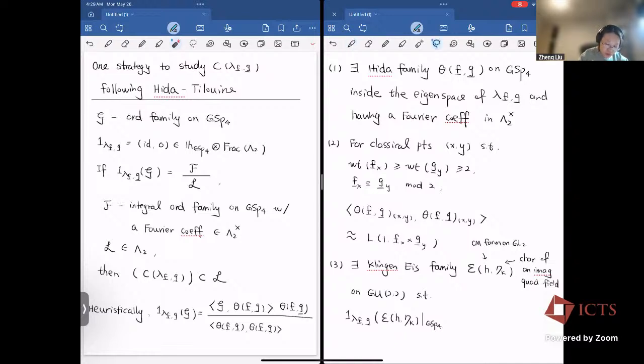Also, I want to apply an ordinary projection, so it's going to be an ordinary family.